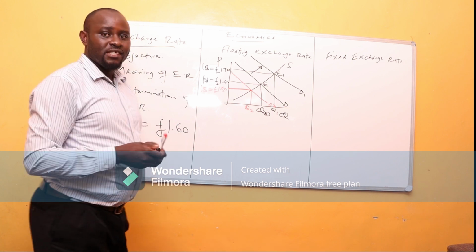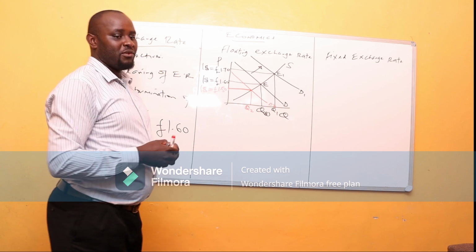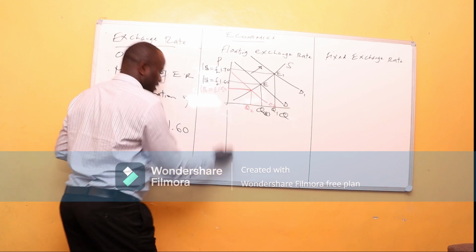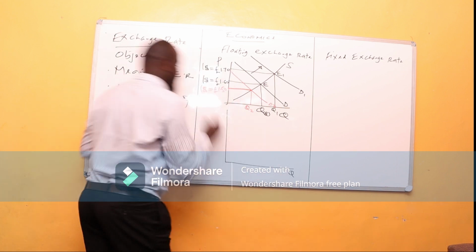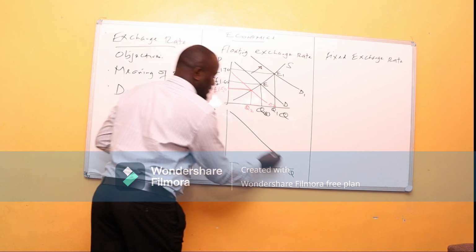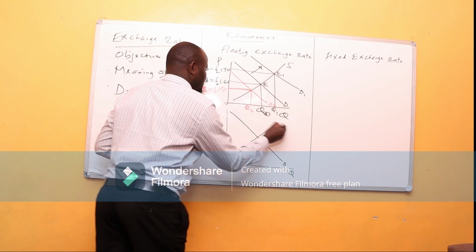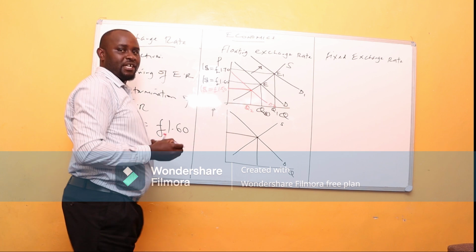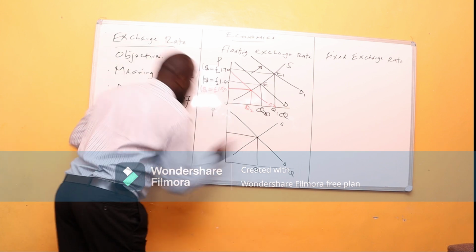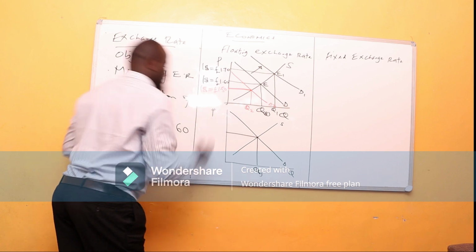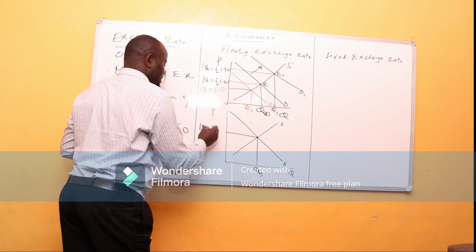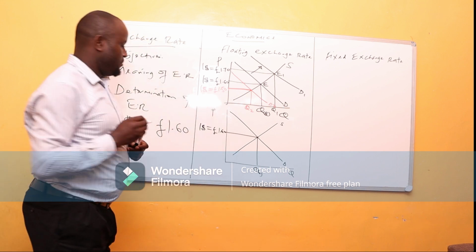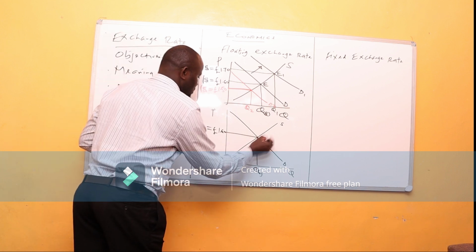A decrease or increase in the supply of the dollar will equally alter the exchange rate. Let's see. Quantity demanded and supplied, price. Remember, we have to start from equilibrium where the demand and supply of the currency are equal. So in this case, again, let's use the exchange rate a dollar is equivalent to 1.60 pounds, and we have our initial equilibrium.